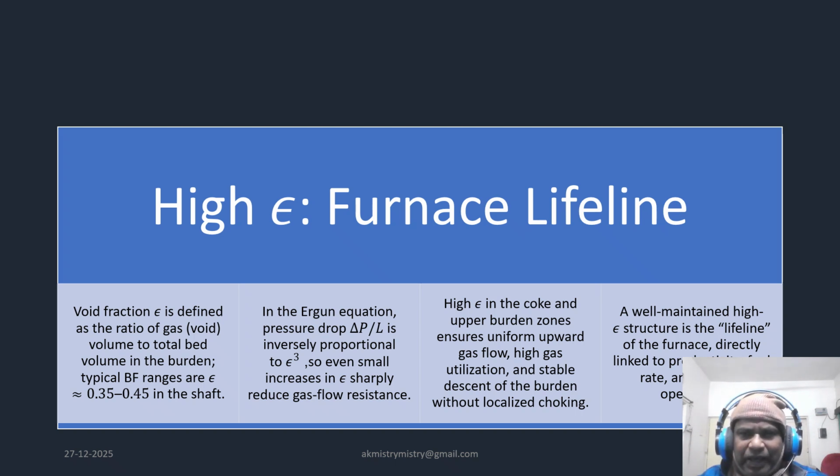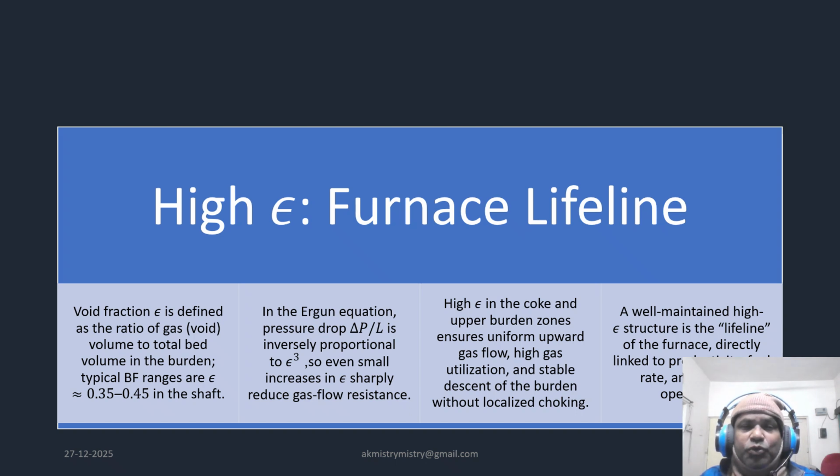The Ergun equation shows that pressure drop delta P divided by the vertical height L, that is delta P by L, is inversely proportional to epsilon to the power 3.